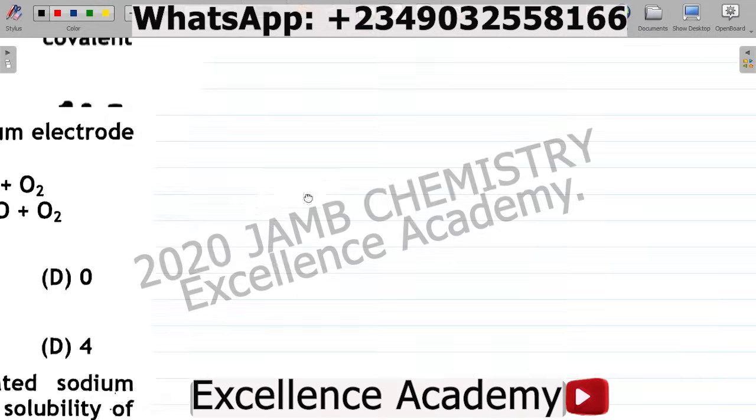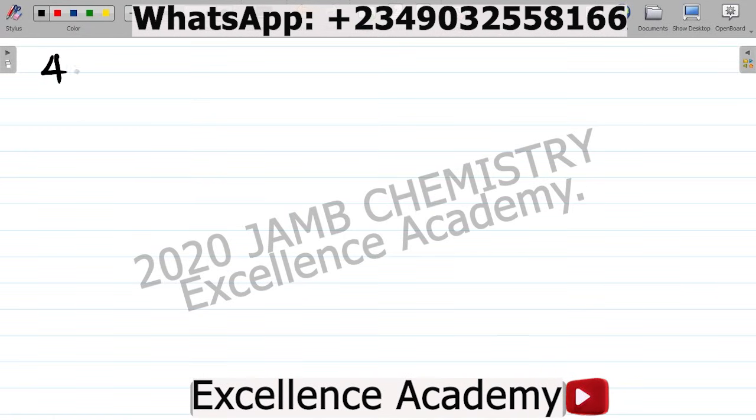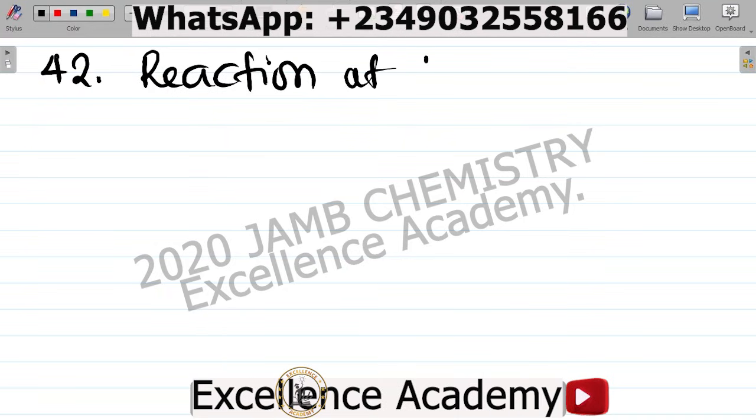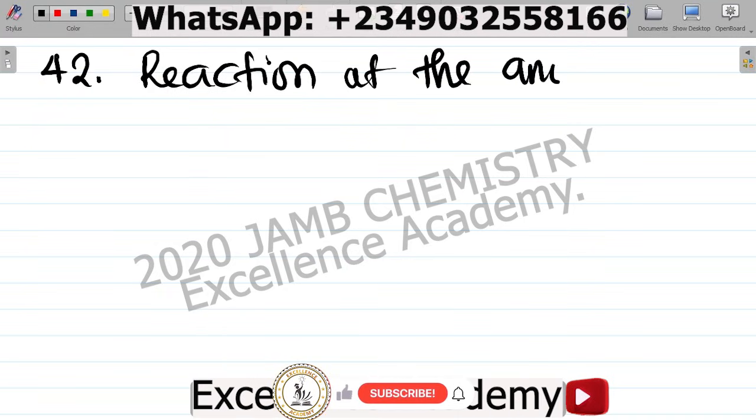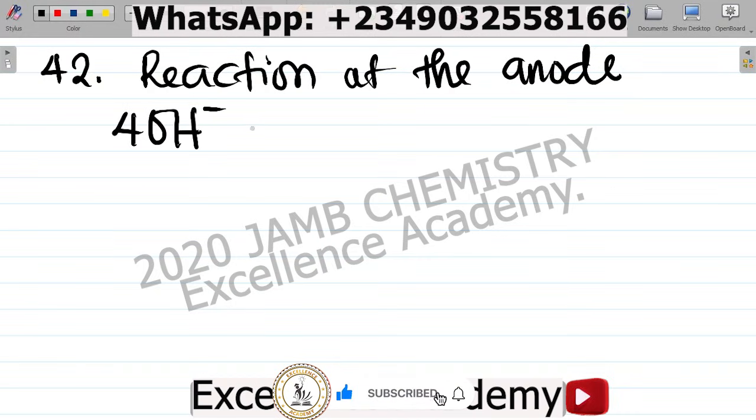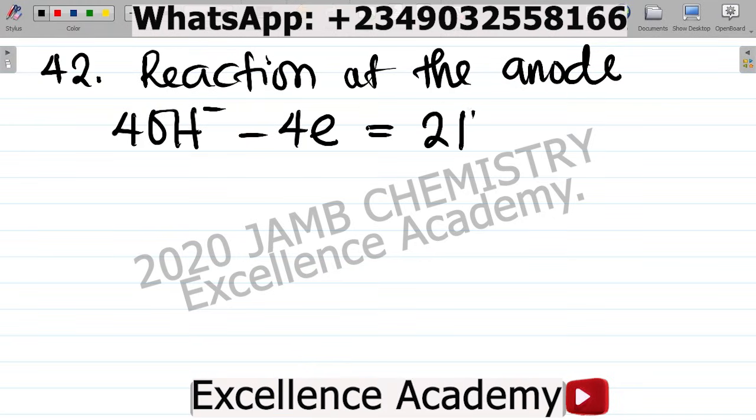For 42, you want to note that the reaction at the anode is 4OH minus, minus 4 electrons, equal to 2H2O plus O2.